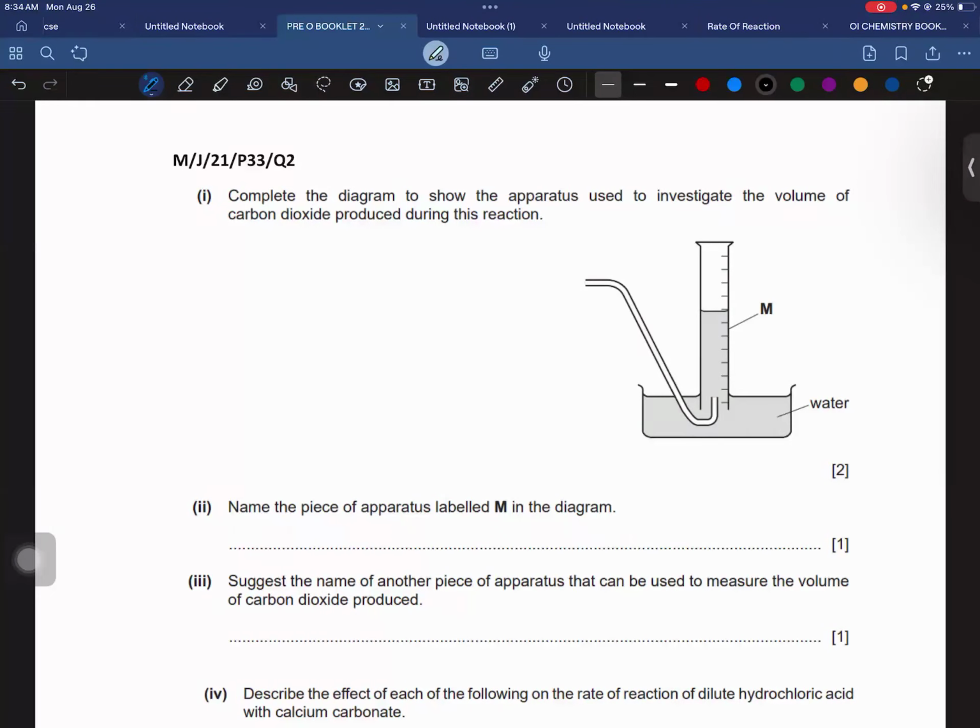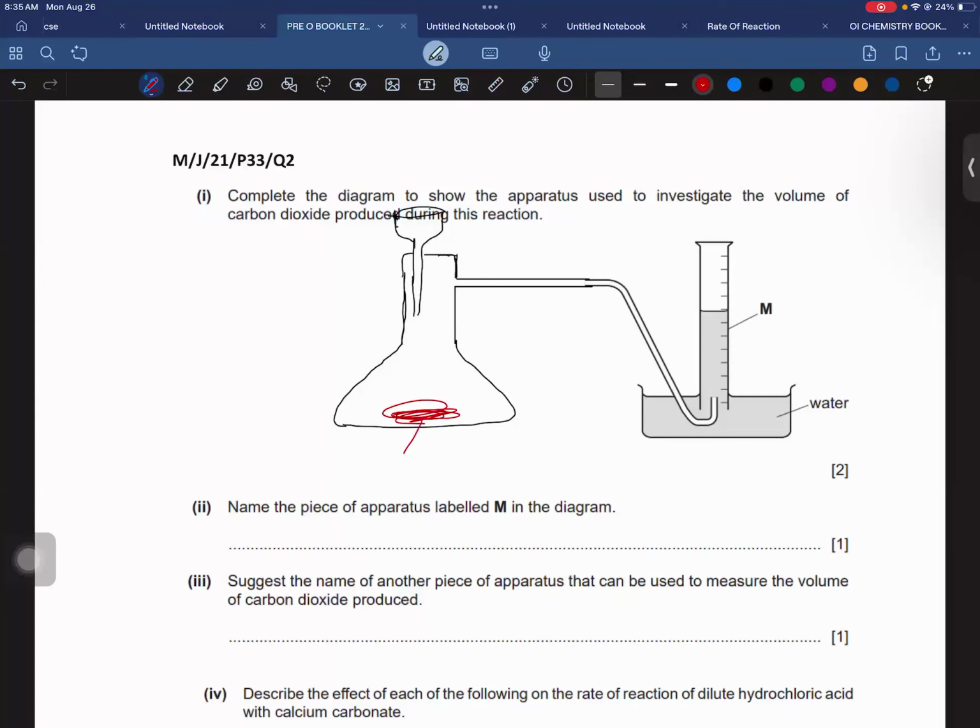Okay, see this. Basically, these are the marble pieces, like this is calcium carbonate plus HCl.